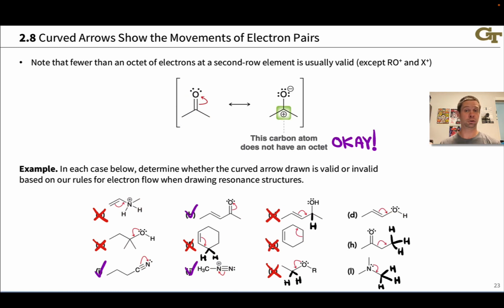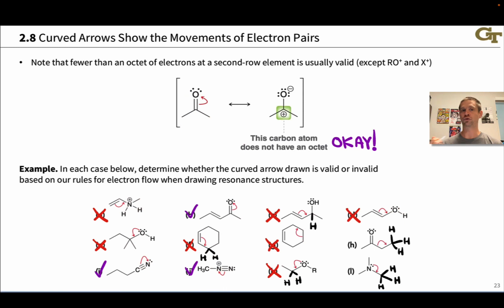All single bonds, all lone pairs, no pi electrons at that oxygen that we can potentially push. And so this curved arrow, while the source is completely fine, a carbon-carbon pi bond, would add a 5th pair of electrons to the oxygen, giving it 10 total electrons, violating the octet rule in a problematic way. This is invalid electron flow.